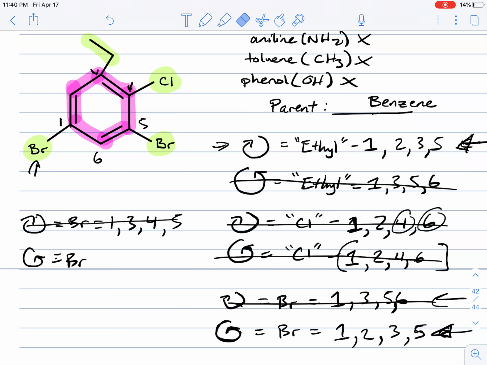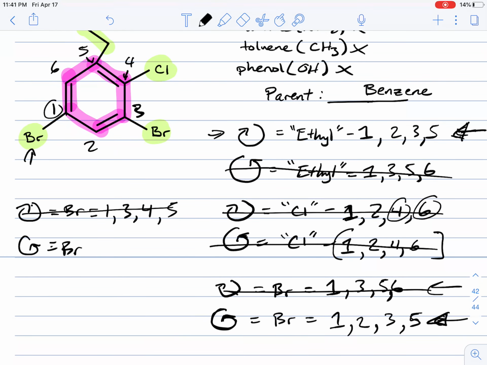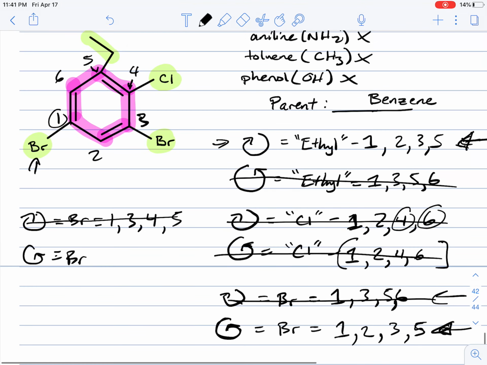So if I erase all of that, and then if I'm still making this bromine number 1, if I go counterclockwise, I have 1, 2, 3, 4, 5, and 6. And so here in this case, I have bromine on carbon 1, 3, 4, and 5.